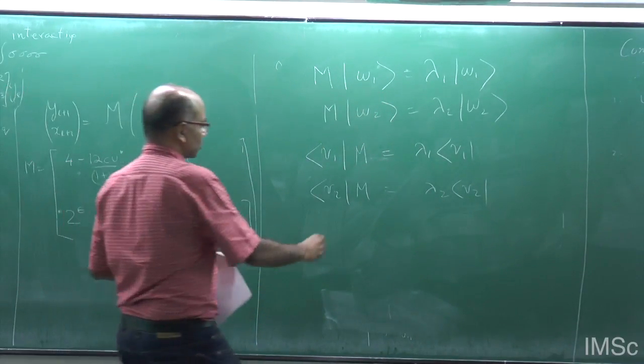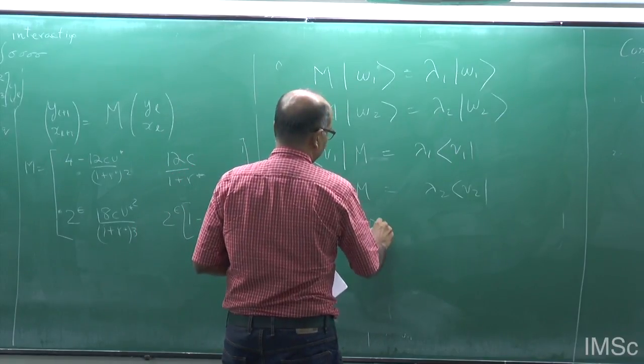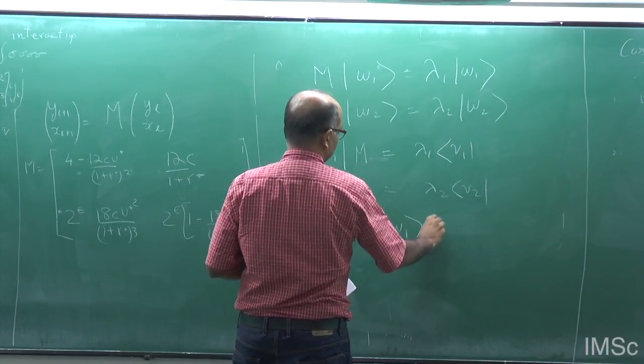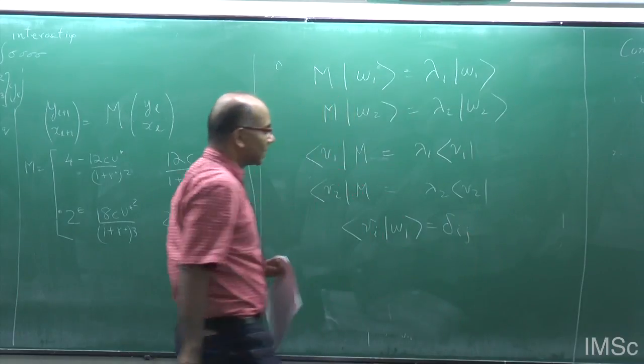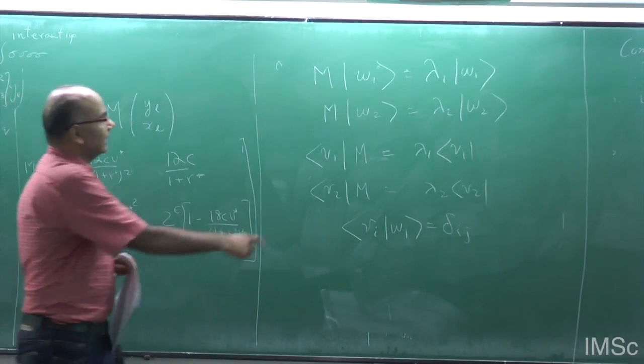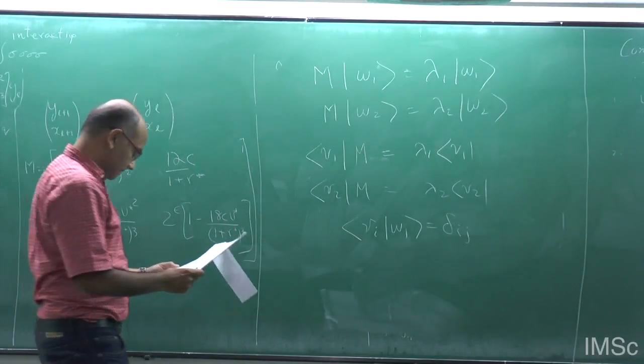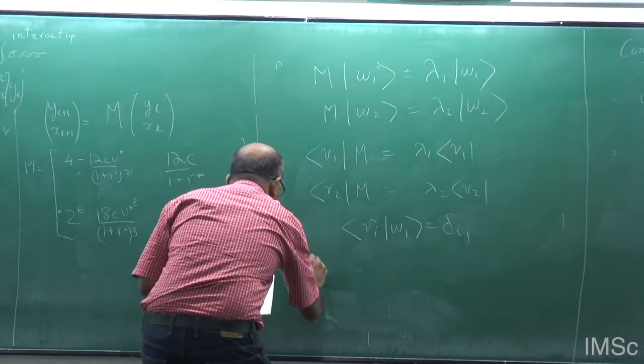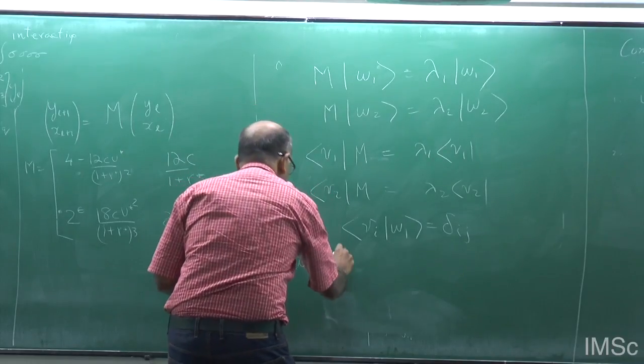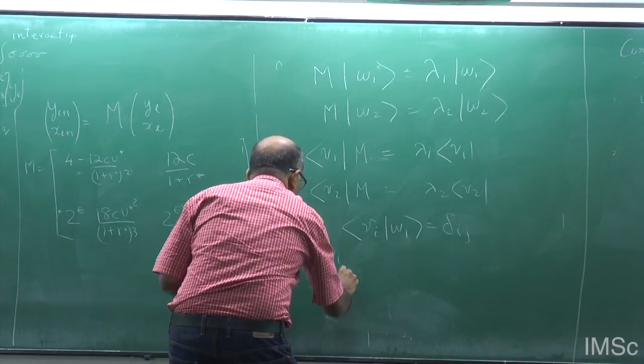And the following is also true. Vi, you can choose a normalization, this is true, but V is not the same as W. So I'll write it out explicitly. W1 is (1, 0).